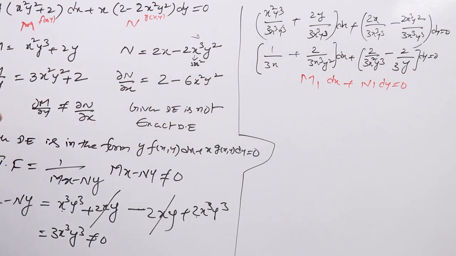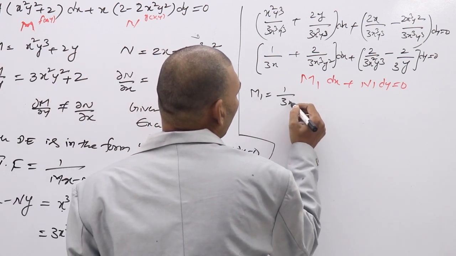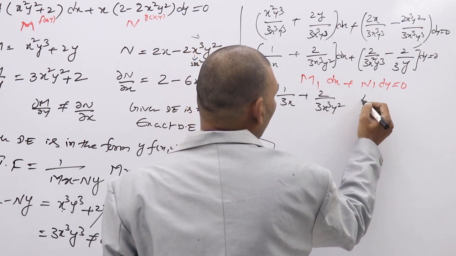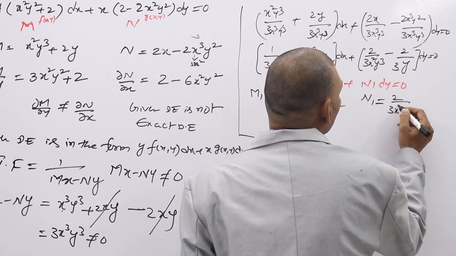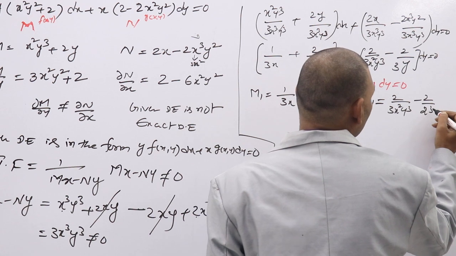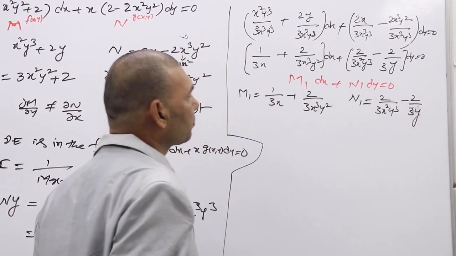Now write M1 and N1. M1 is 1 by 3x plus 2 by 3x cube y square. N1 is 2 by 3x square y cube minus 2 by 3y.